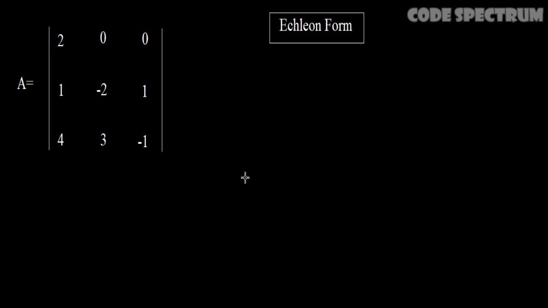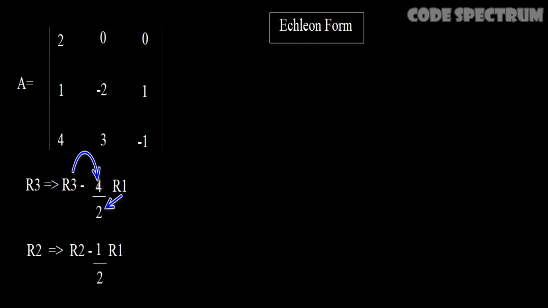There's an algorithm to it. Firstly, the algorithm states that in the last two rows for this 3 cross 3, place 0 here and place 0 here. And how it will be created is, you can follow the equation like this. If you notice here, the equation is written in such a way that R3 is 4 and R1 is 2.